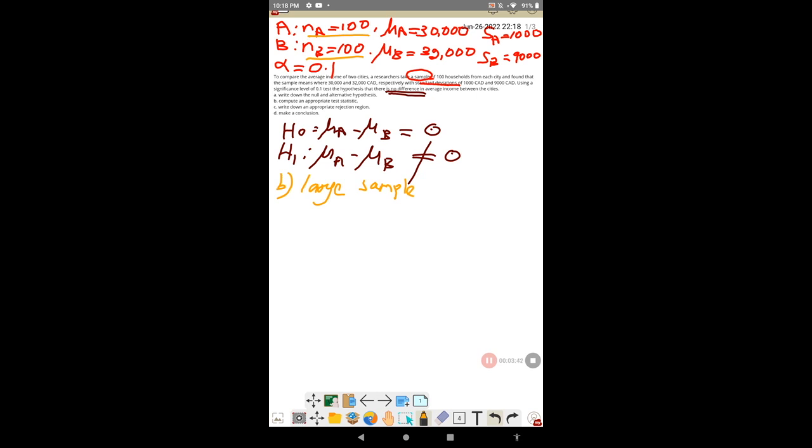No, they weren't given the population variance. So it is unknown variance. So now you know the two points: this has large samples and unknown variance. So definitely you have to go for a Z test.